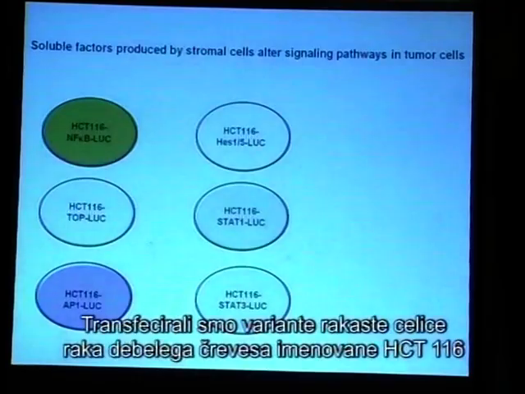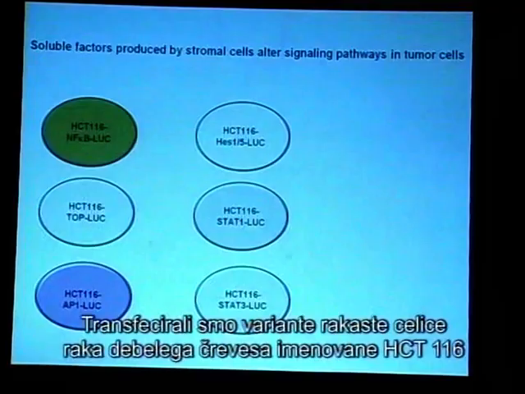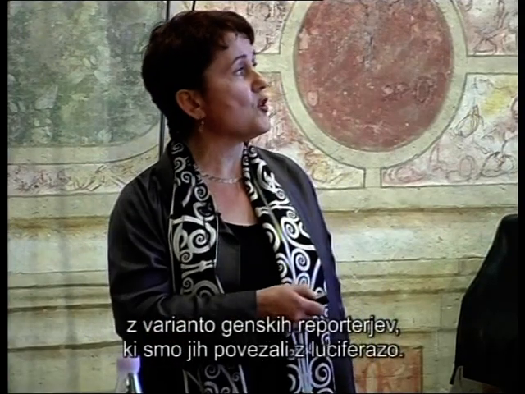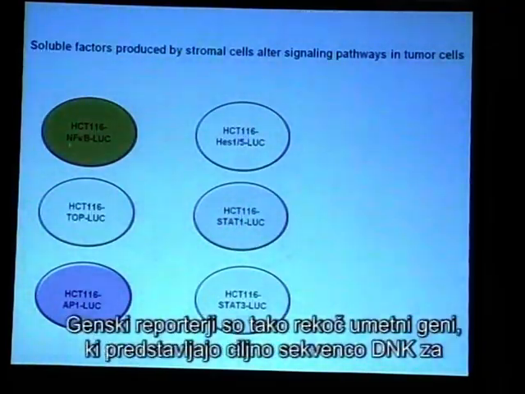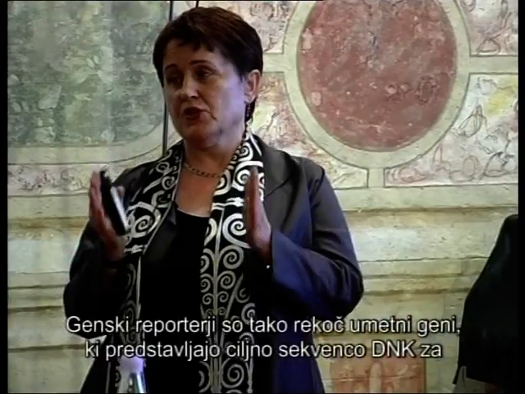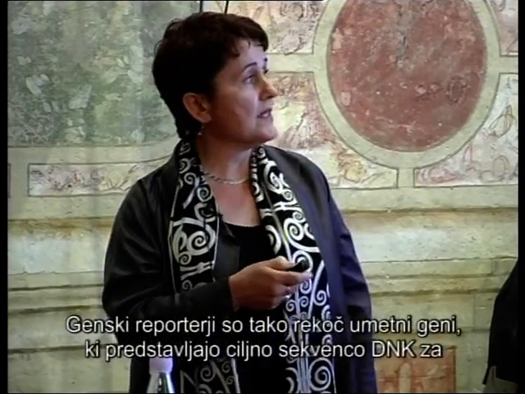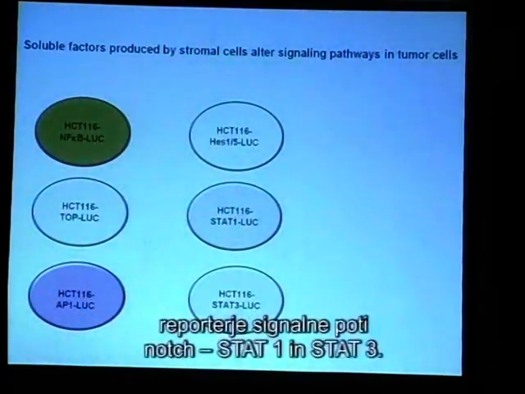We transfected tumor cells derived from a colorectal cancer patient, called HCT116, with a variety of gene reporters that we linked to luciferase. These are artificial genes that represent the DNA target sequence for DNA binding proteins, and we established cells that express NF-kappa B, Wnt signaling reporter, AP1, Notch, STAT1, and STAT3.